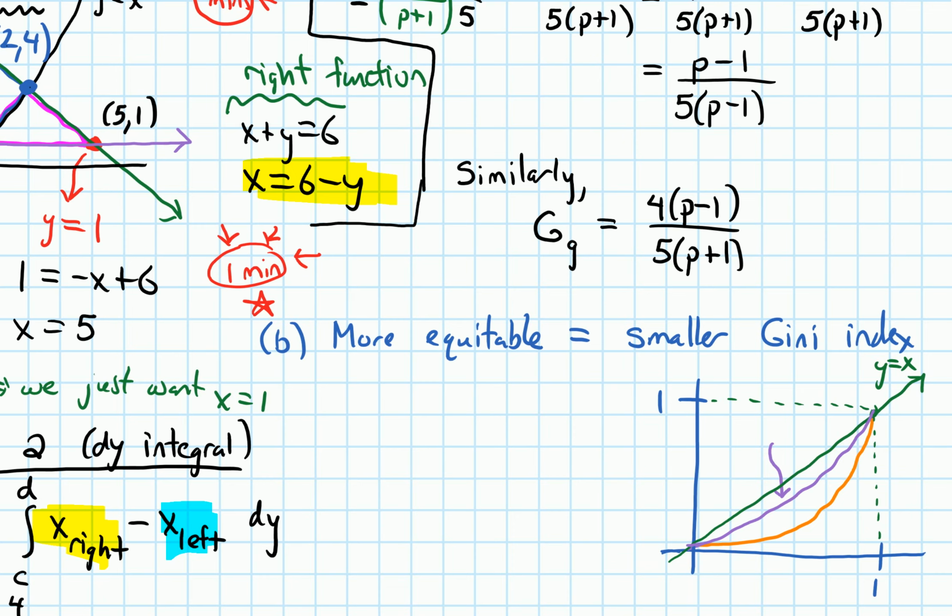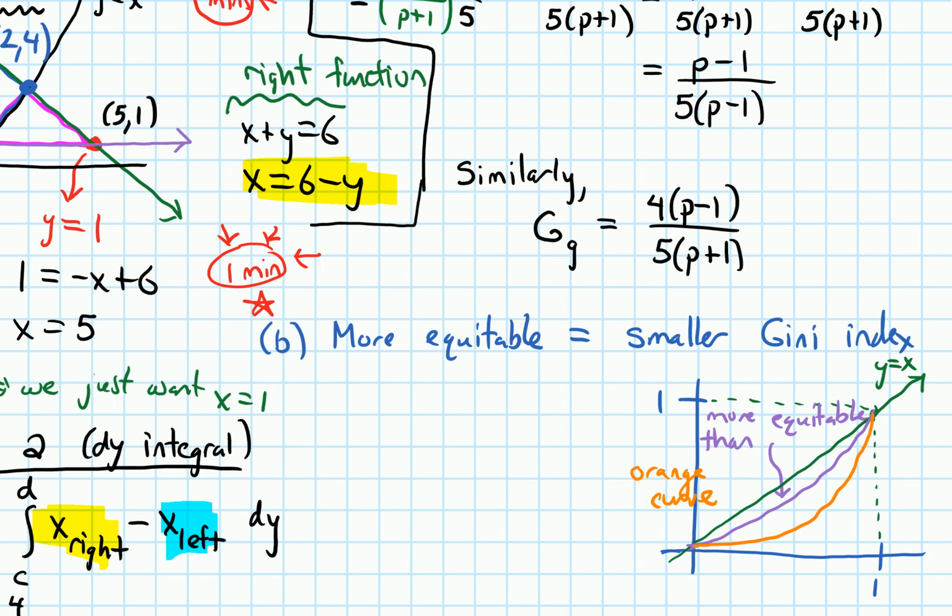And by looking at the picture, the purple curve is definitely more equitable than the orange curve. So the moral there is, I need a smaller area, in other words, a smaller Gini index, to get a more equitable distribution. And that's what we said here to start.